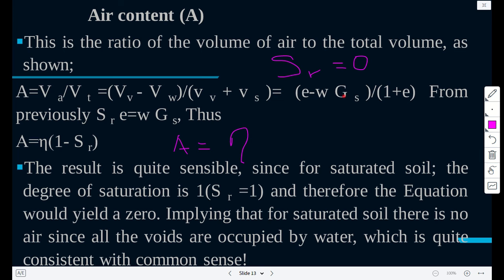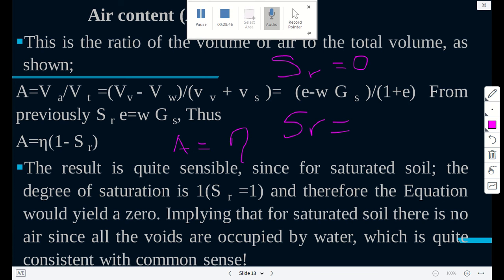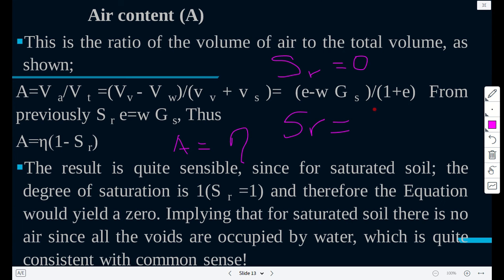And when soil is completely saturated, the degree of saturation is one.